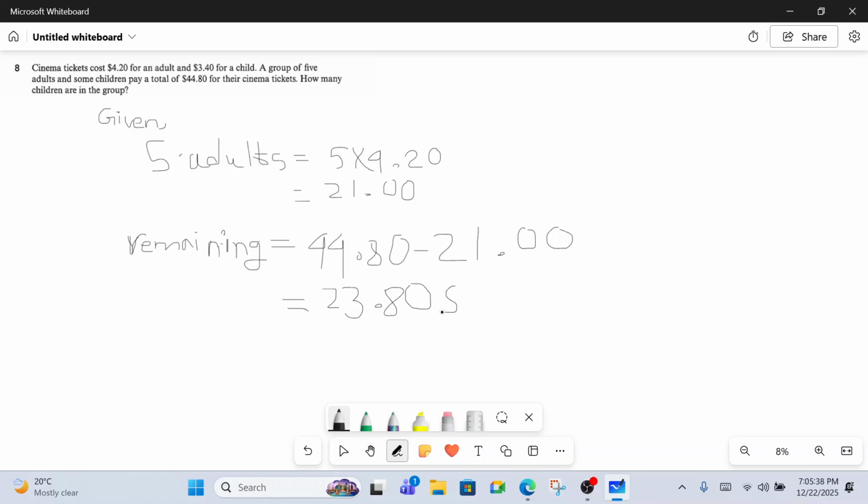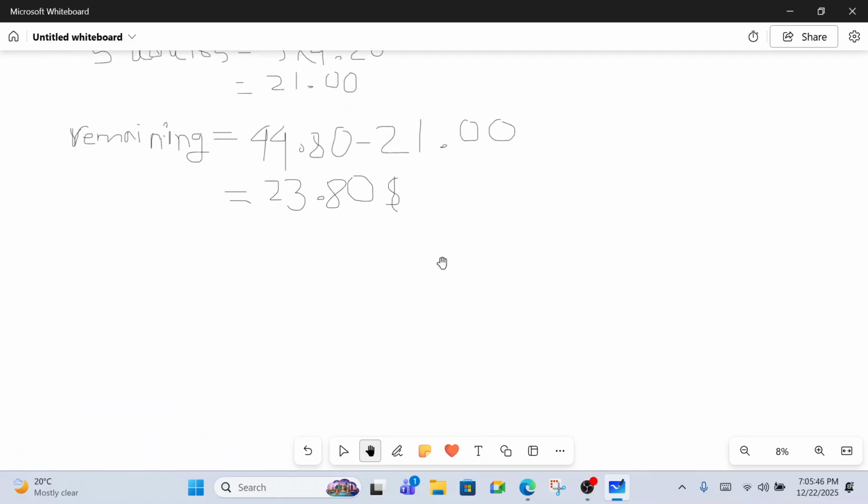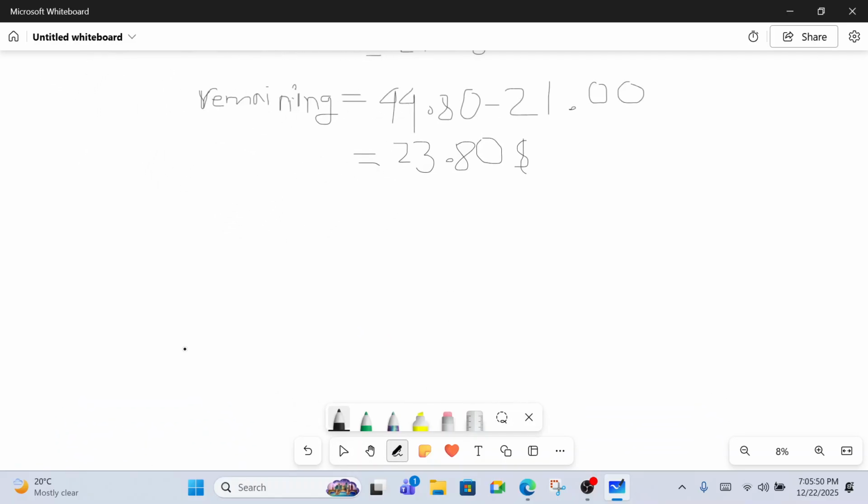Now this is going to be pretty easy for us to find out the number of children here. Now that we have the remaining amount of cash, we can find out the number of children.